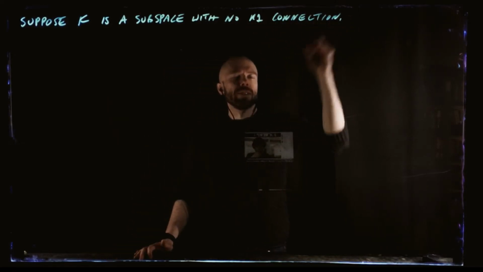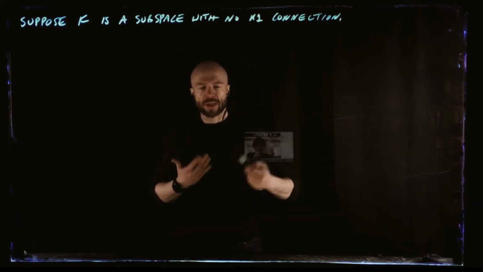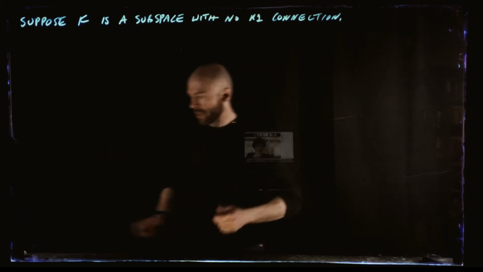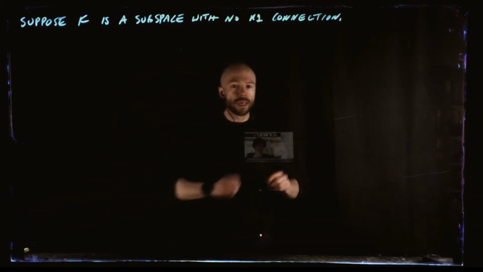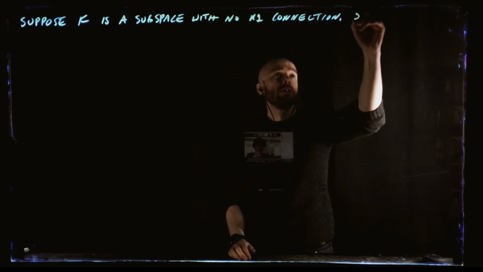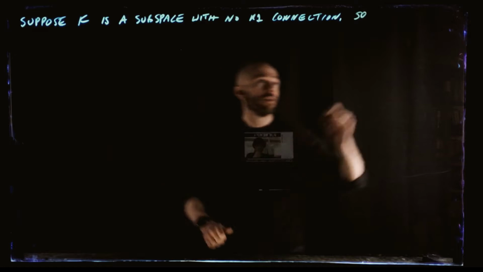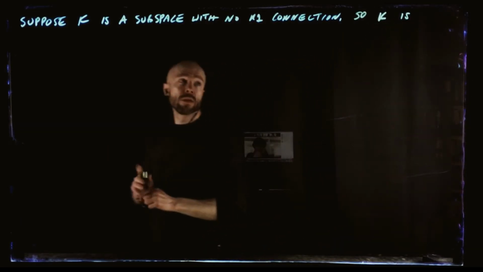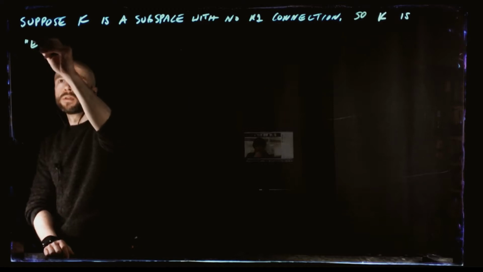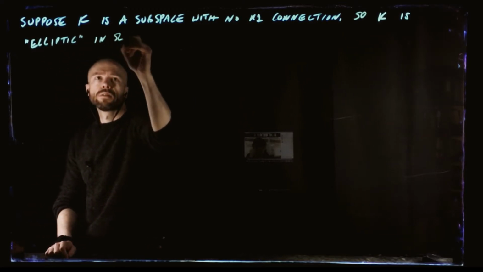So it's elliptic in the sense of Sverak, because every tangent space of this subspace is the subspace itself, and it has no rank-1 connection. So this is elliptic. I mean, that's why I guess he gave his definition elliptic. So I just break out a new pen. So there we go. Is elliptic in the sense of Sverak.